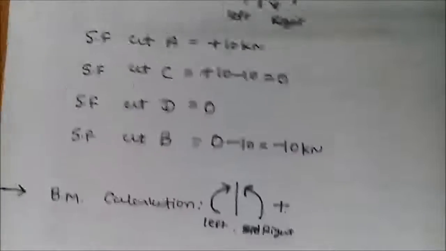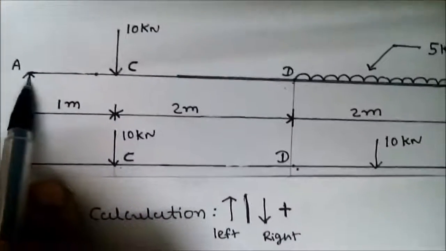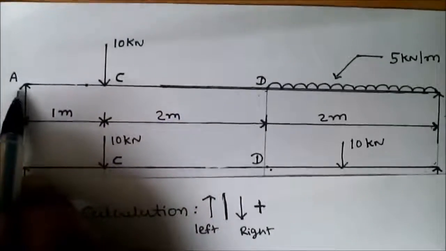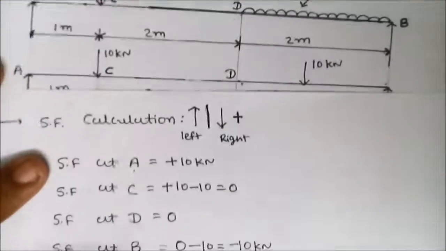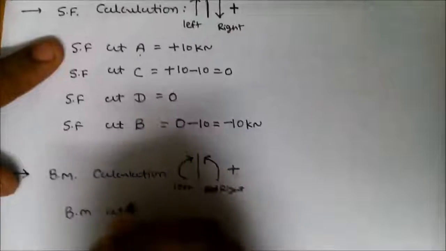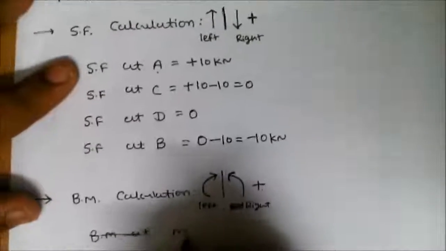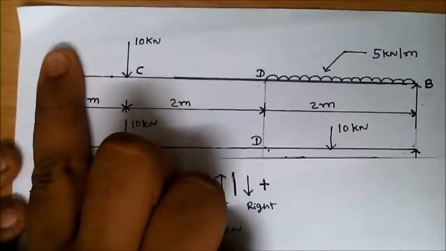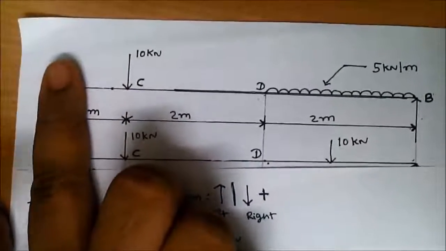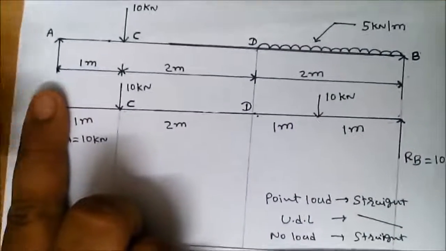So in our case, at point A, we take moment at point A. So bending moment at point A, MA. First hide point A. Then see, on the right side there are 3 forces, and on the left side there is no force.